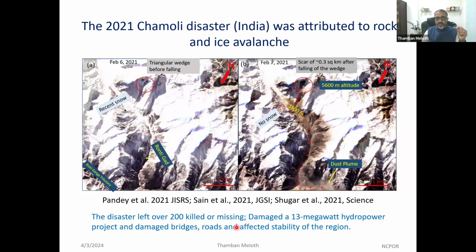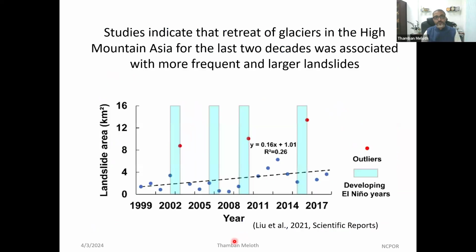Again, this was a huge disaster which killed nearly 200 people and even damaged a major hydropower project. Of course, it also damaged several bridges and roads, and it affected the entire stability of the region.